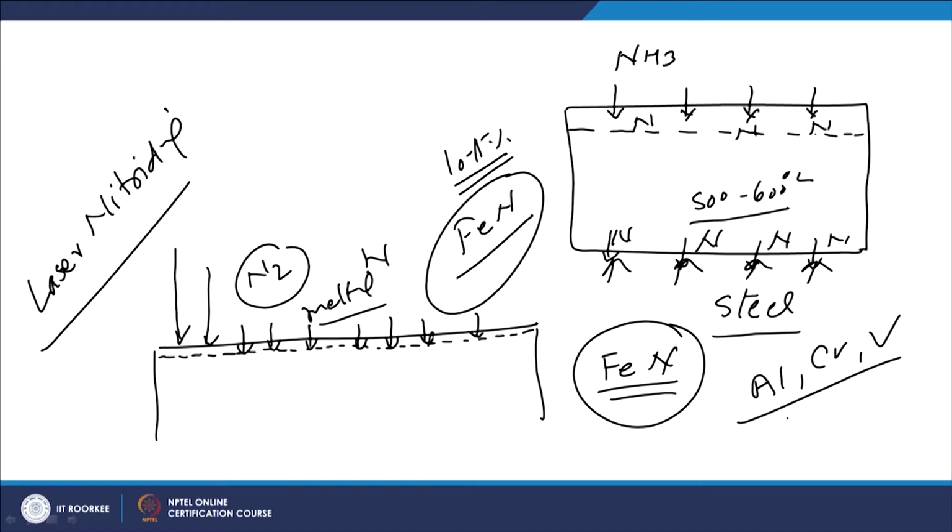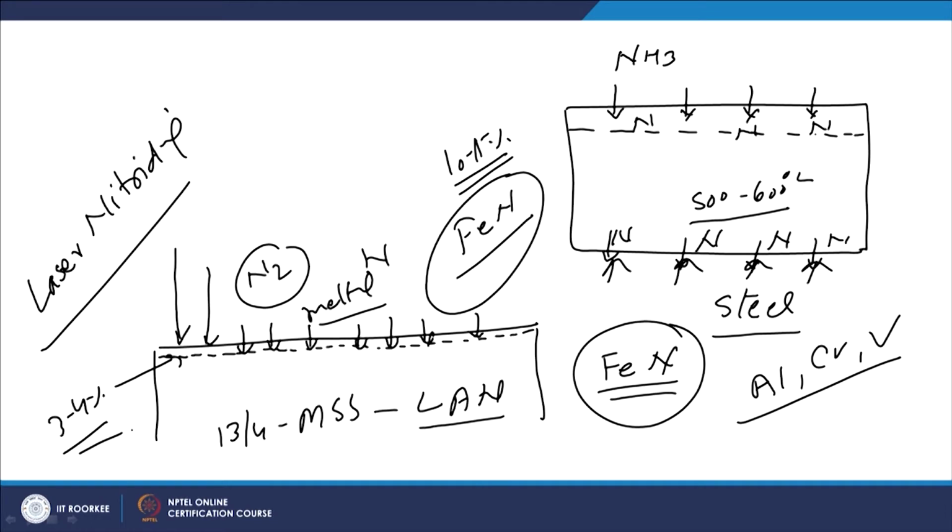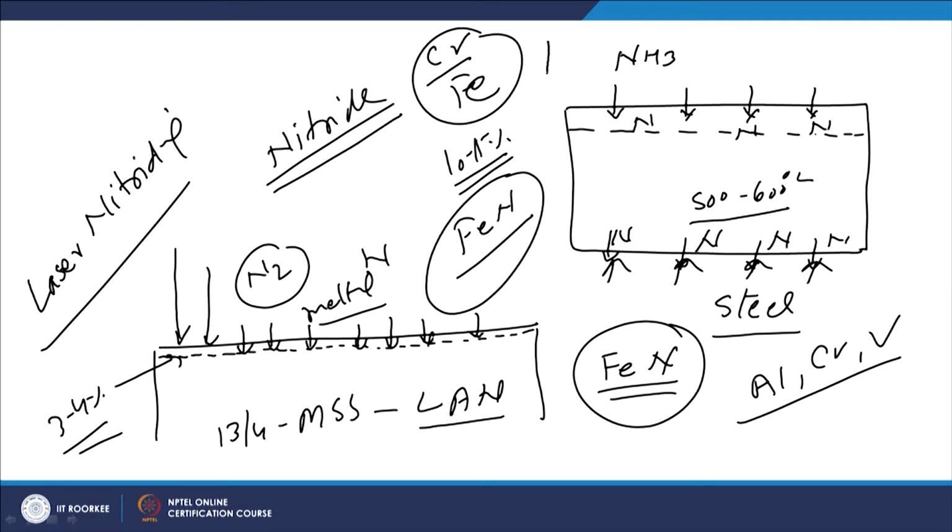Like in one of the typical cases where 13-4 martensitic stainless steel is subjected to laser assisted nitriding, we get a nitrogen concentration in the range of 3 to 4%, and just after the laser nitriding we find that the content of the nitrides, like chromium nitride or iron nitrides, at the surface layer is less.